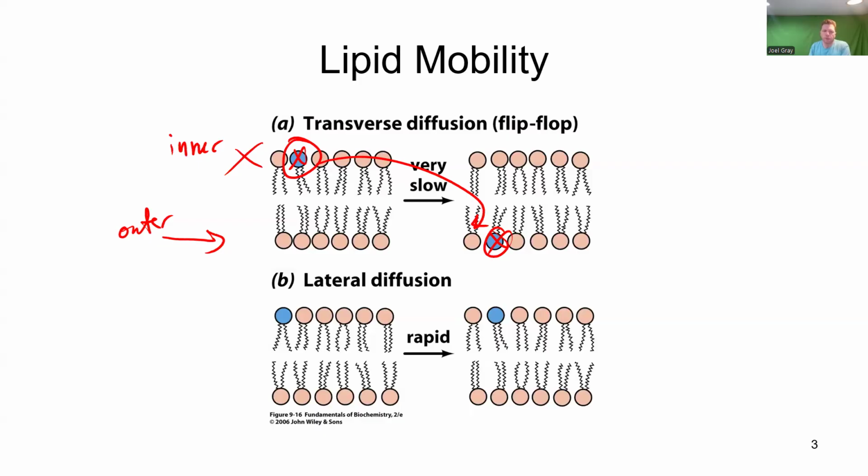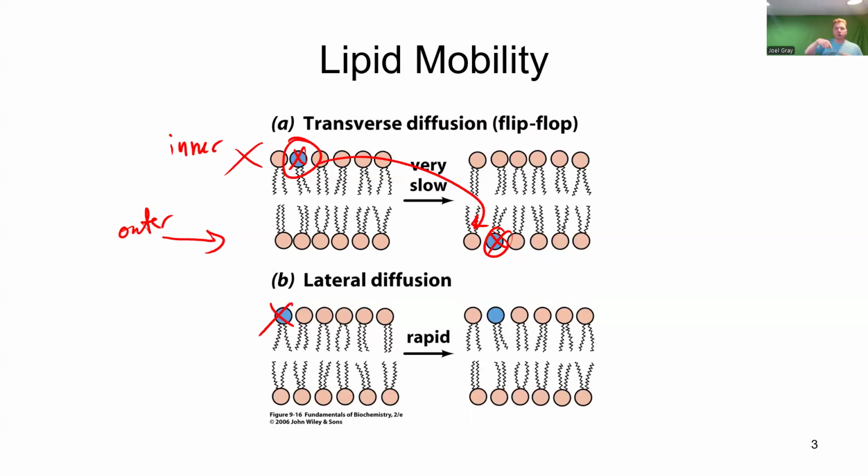Now, if that lipid or that polar head group moves to a different location within the same leaflet, that's going to happen pretty easily and pretty quickly. I always envision this as being like if you go to a concert and you're in the general admission area, you can move around a little bit, and it just takes a little time.